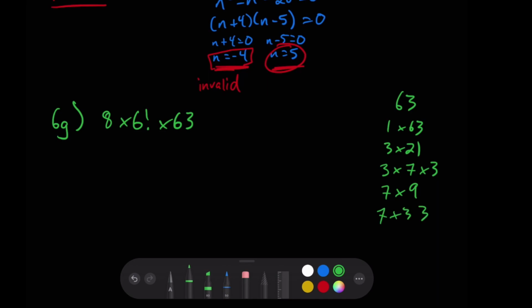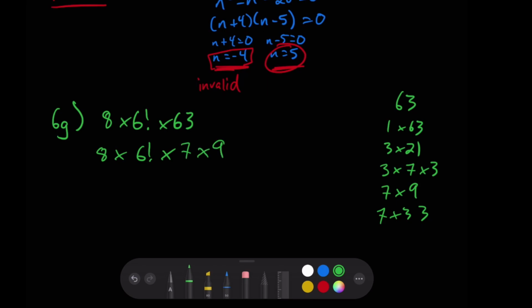If you look here, I wanted something like 6, 7, 8, 9. I already have the 8, and now I have the 7 and the 9. So let's try working with that. So 8 times 6 factorial times, instead of 63, I'm going to write 7 and 9.